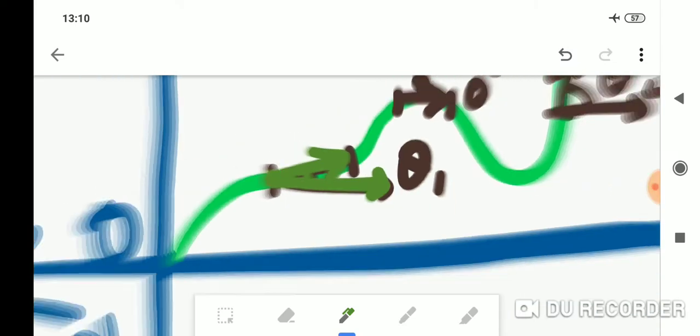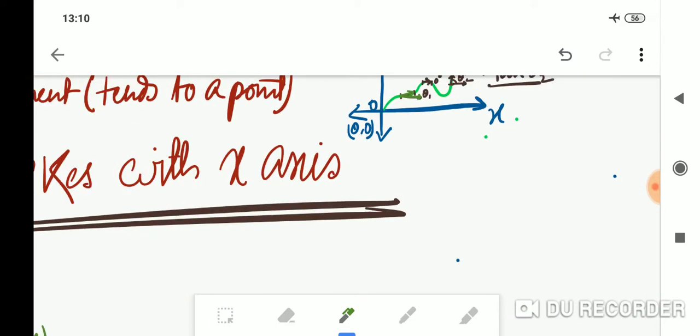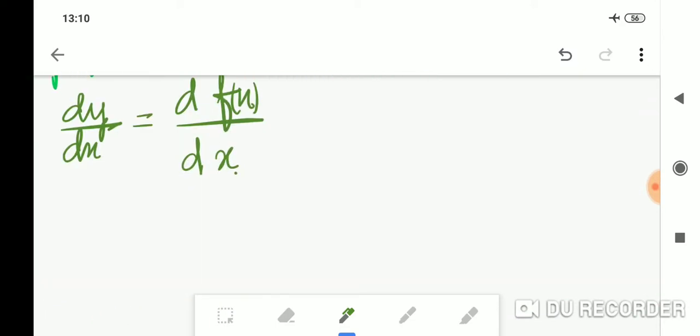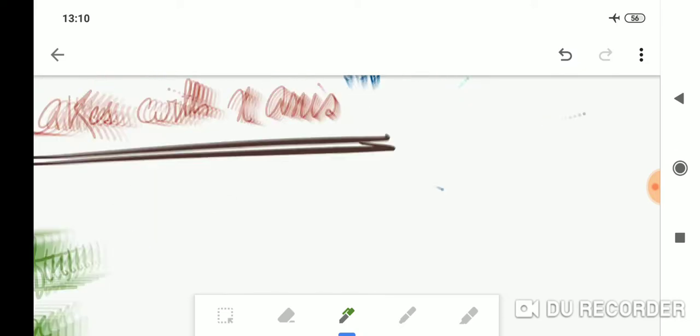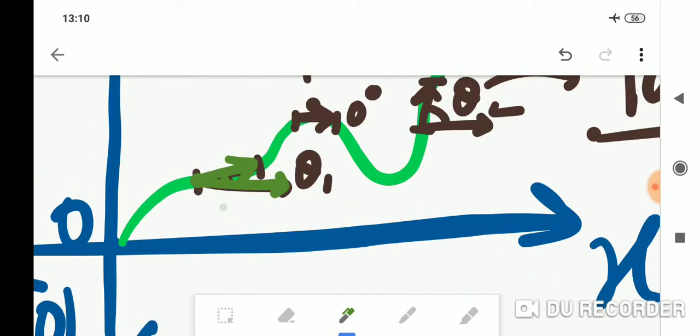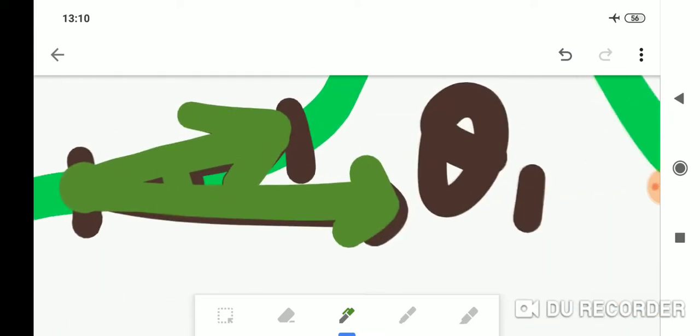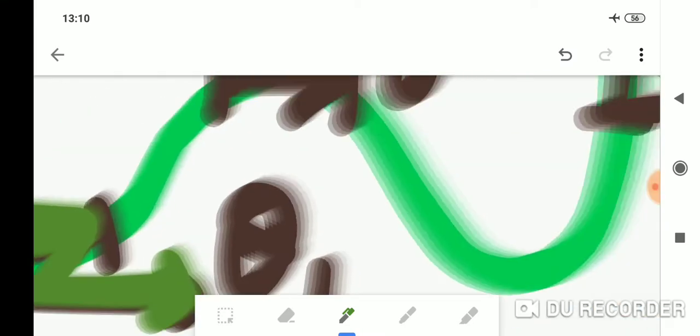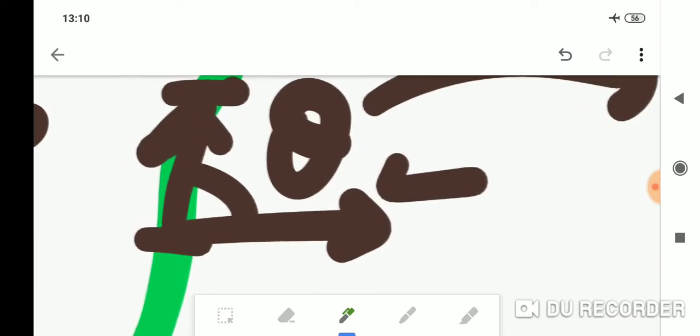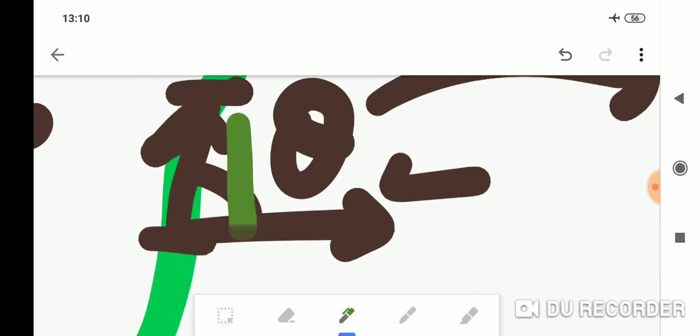This is the slope. So dy by dx is nothing but a small change that we understand here, a small change in y with respect to x.